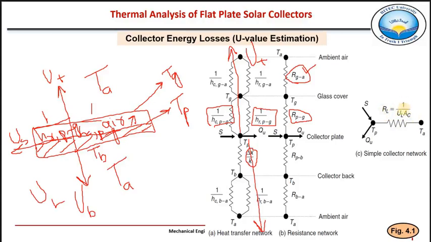RL is equal to 1 over UL into area. What is this area? Whatever heat is being lost or absorbed is from that common area AC. So all of these coefficients correspond to the same area, which is the collector or absorber area.